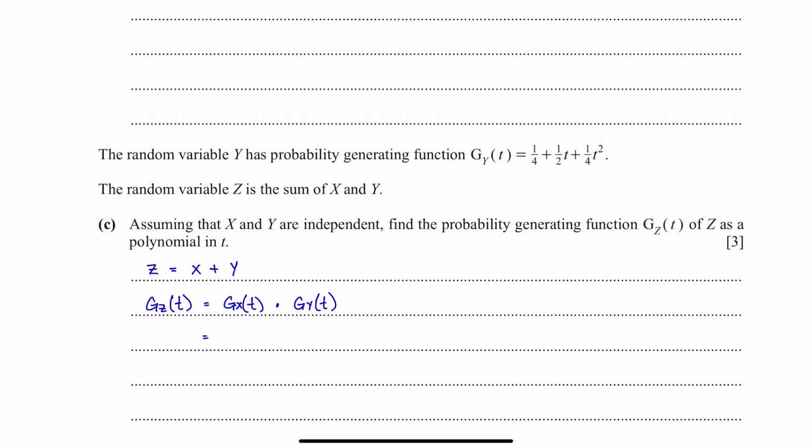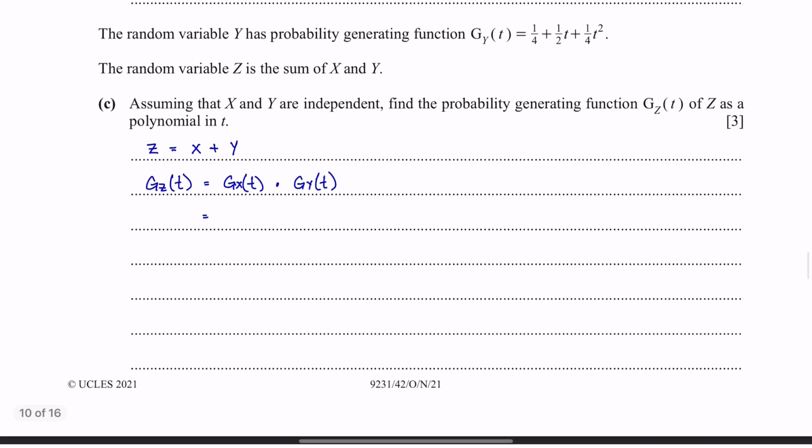We can factorize the fraction out, maybe even the t, so it's not that complicated to multiply. Times 1 over 4 times 1 plus 2t plus t squared.